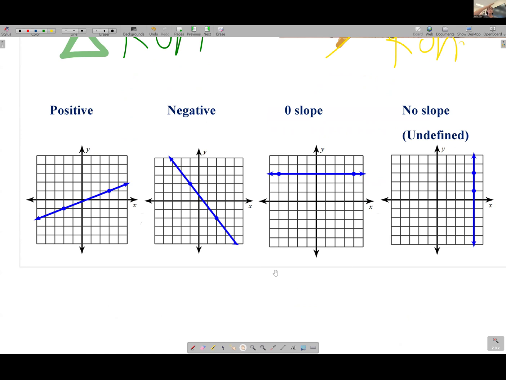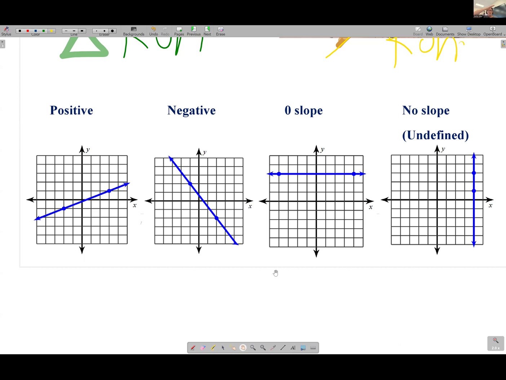Tilt your arm upward. That's positive. Left to right. Tilt your arm downward. Say negative. Left to right. Horizontal. Say zero slope. And vertical, say undefined. Ready? Tilt your arm. Let's do it again.